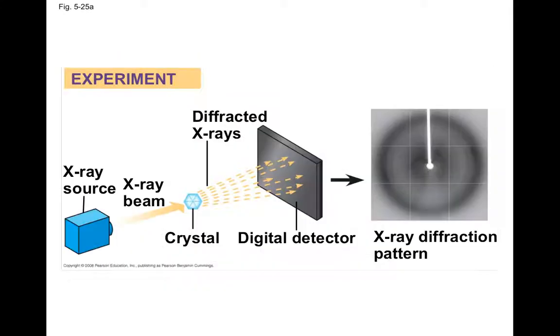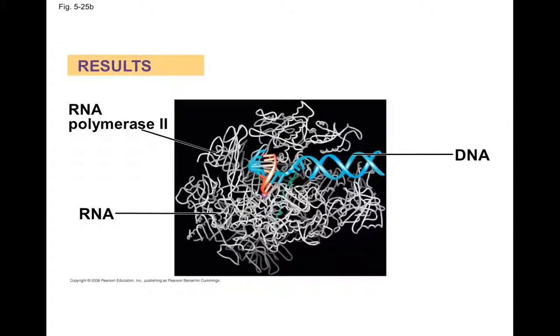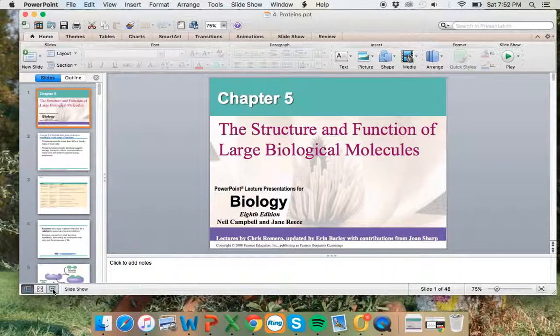But anyways, when you use X-ray crystallography, you're able to see different parts of the protein and different structures that you weren't previously able to, because of this technology. Alright, so there you are for proteins.